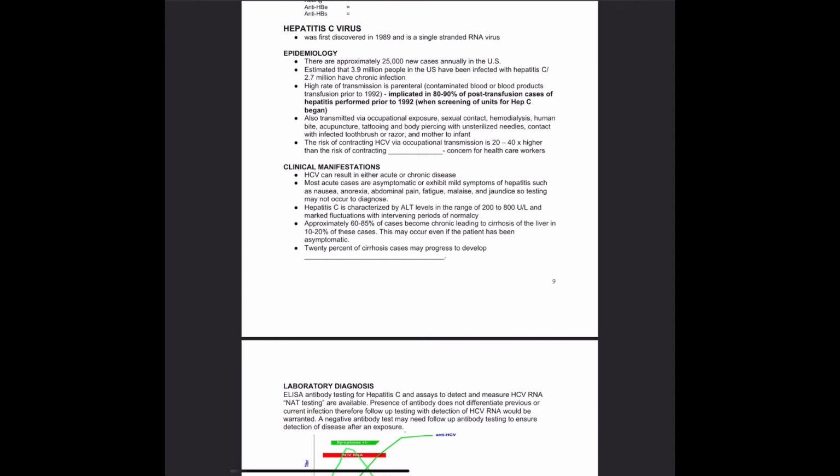Approximately 60 to 85% of cases become chronic, leading to cirrhosis of the liver in 10 to 20% of the cases. This can occur even if the patient has been asymptomatic. 20% of cirrhosis cases may progress to develop hepatocellular carcinoma.